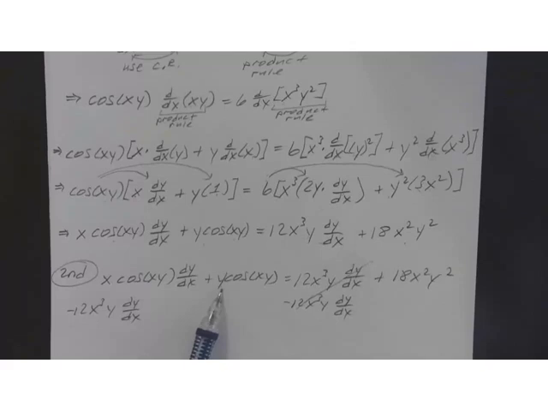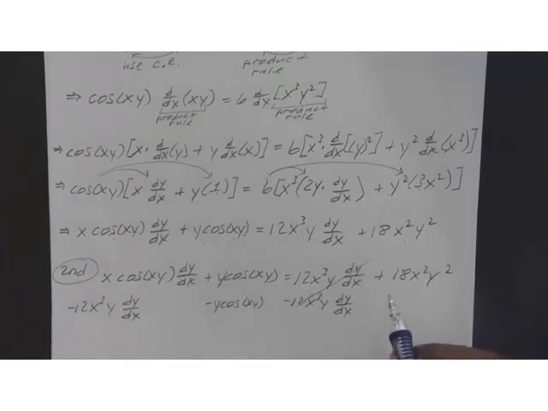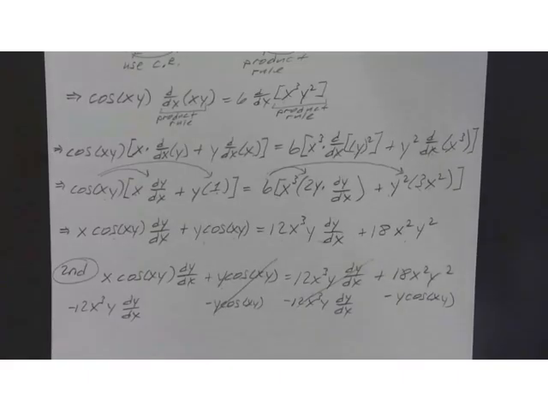Then we're going to subtract y times cosine of xy on both sides. Where these two cancel out and become 0.